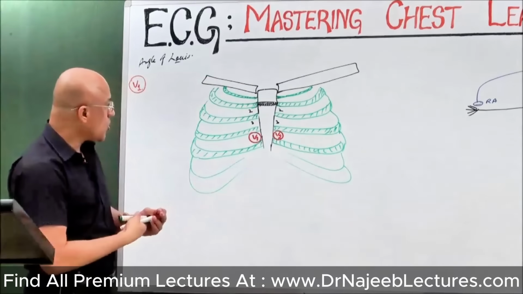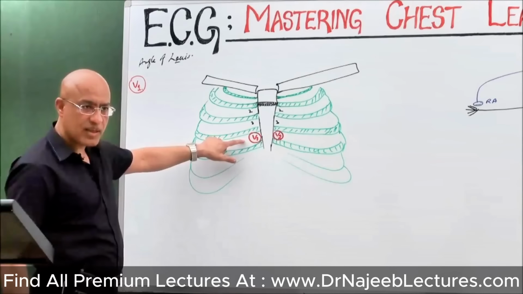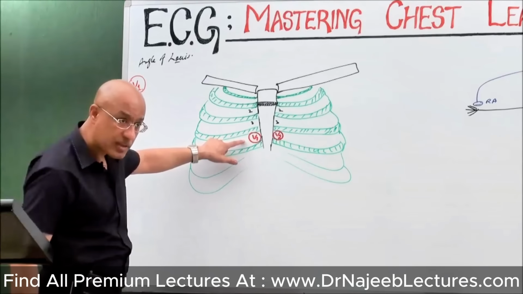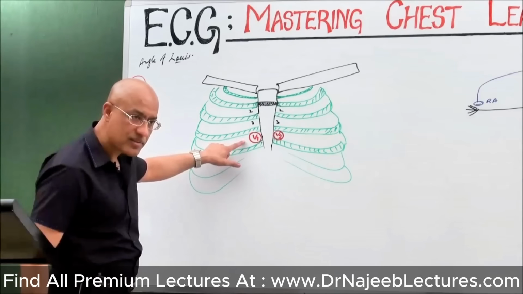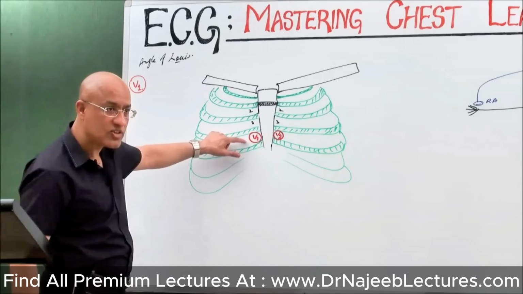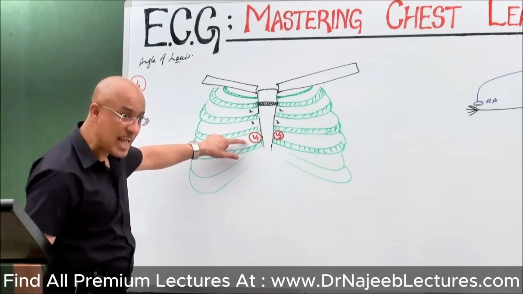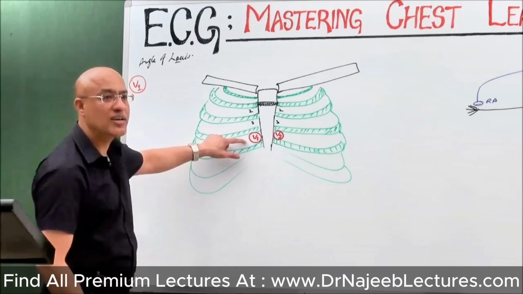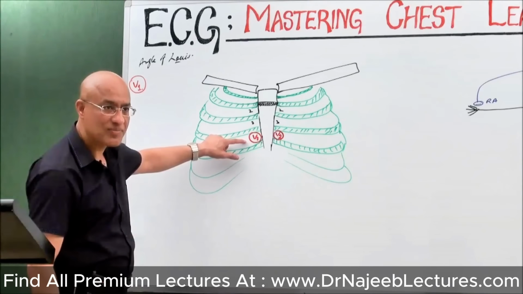Now listen, when the exploring electrode is here, it is determining the potential difference between this specific site and the virtual electrode in the center of the heart. You're getting it?